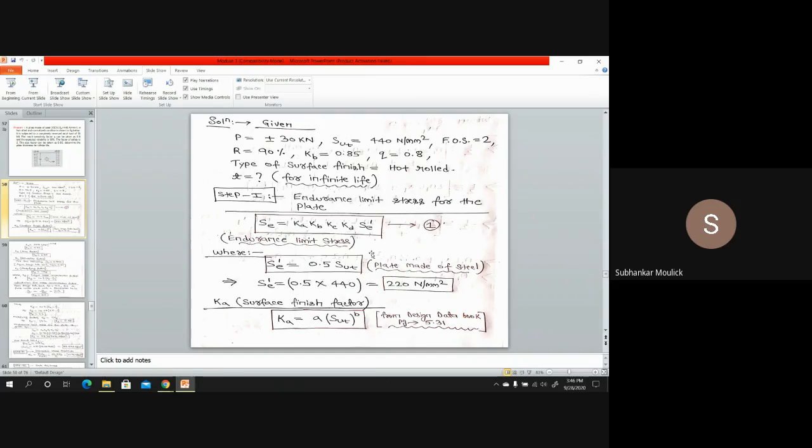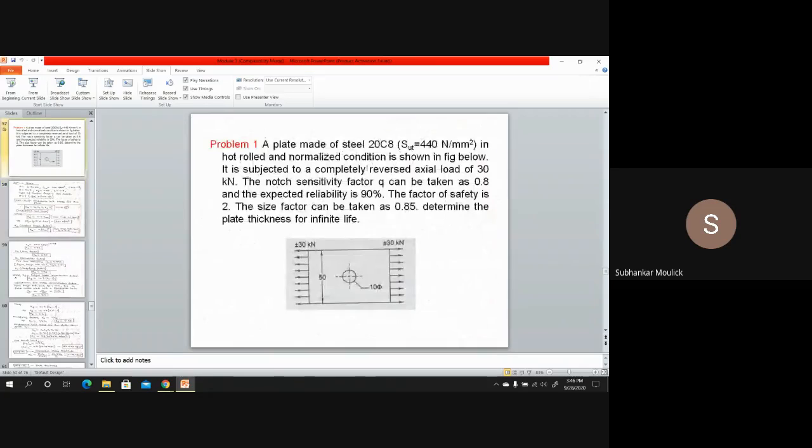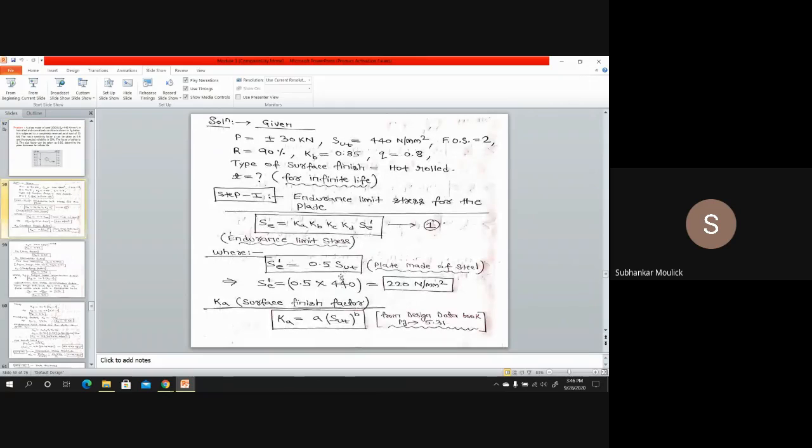If you do not write these 2-3 lines, then you will lose marks, because how will you justify where you have taken this Se dash equal to 0.5 times of SUT? Because this Se dash will change from material to material. If the same problem is made of aluminium alloy, then you have to use Se dash equal to 0.4 times of SUT. You cannot justify it if you don't write the reason. Is it clear?